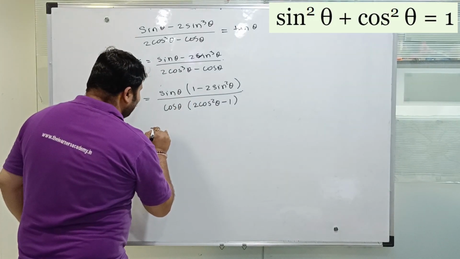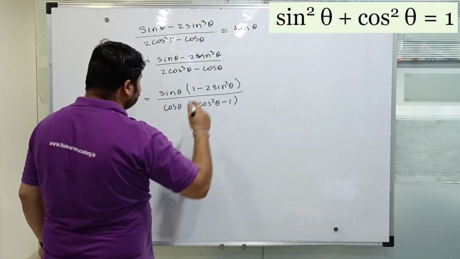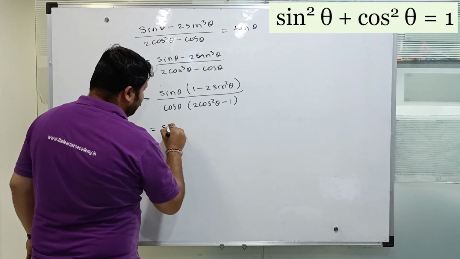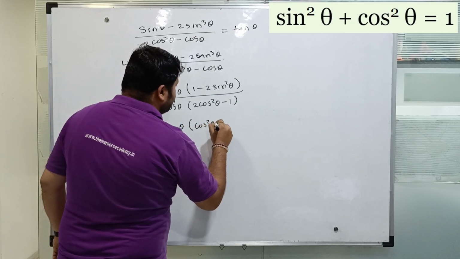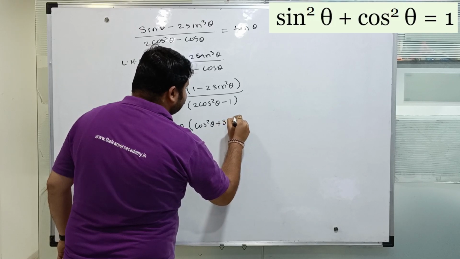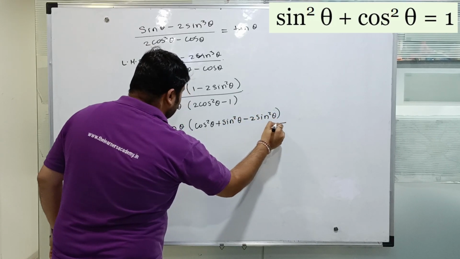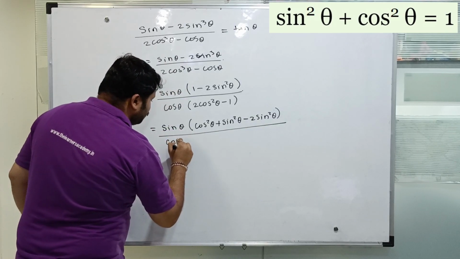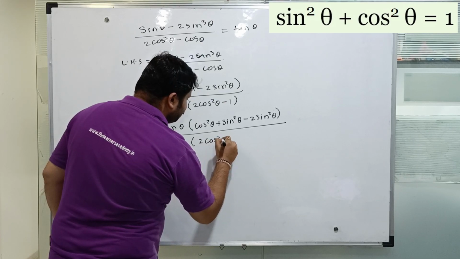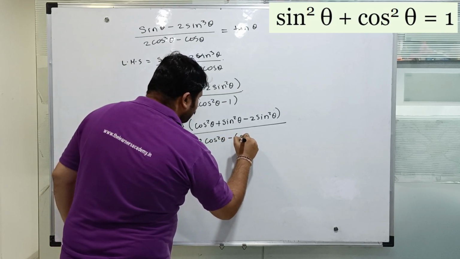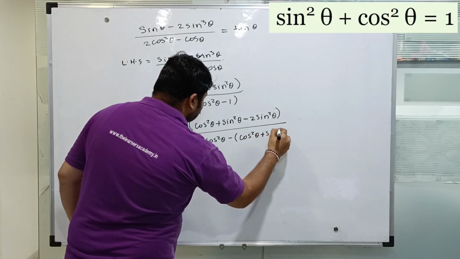So I can replace this one by cos square theta plus sine square theta, and I would get sine theta times cos square theta plus sine square theta minus 2 sine square theta upon cos theta times 2 cos square theta minus cos square theta plus sine square theta.